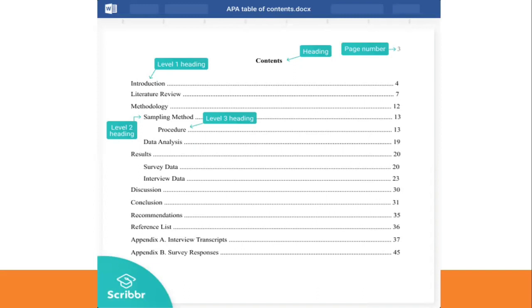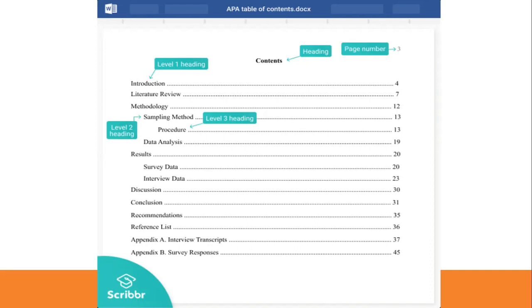Now, before moving on to the next element, you need to take note, class, that the reason you don't find information on creating a table of contents in the publication manual of the American Psychological Association 2020 is because the primary audience for the manual are authors of journal articles, and journal articles don't contain tables of content.